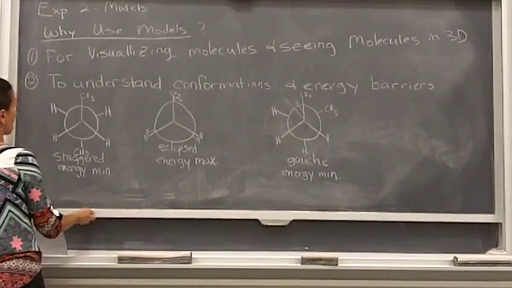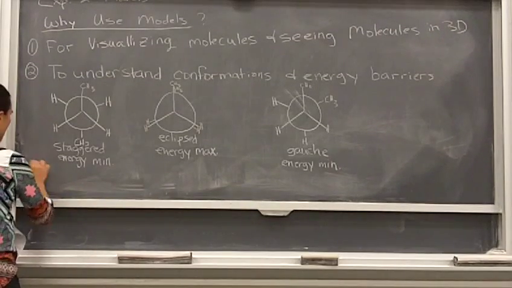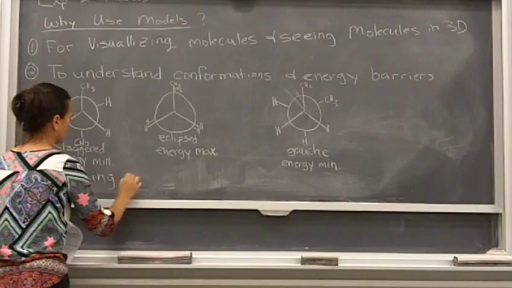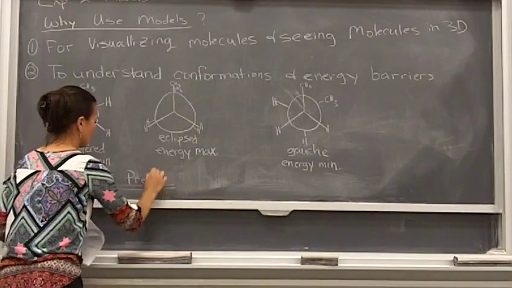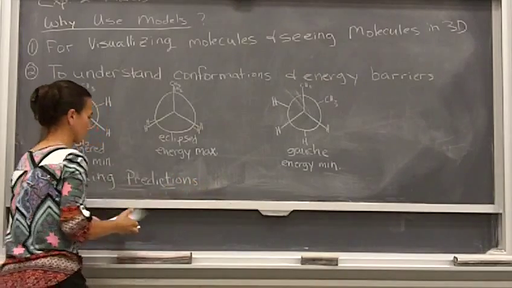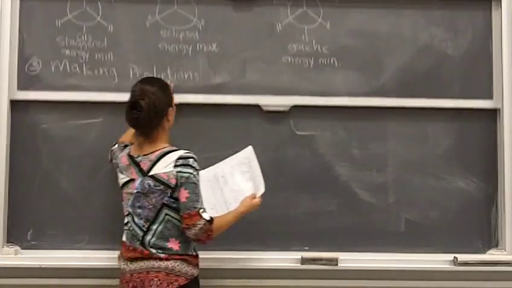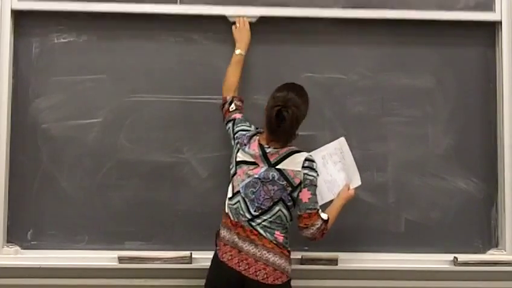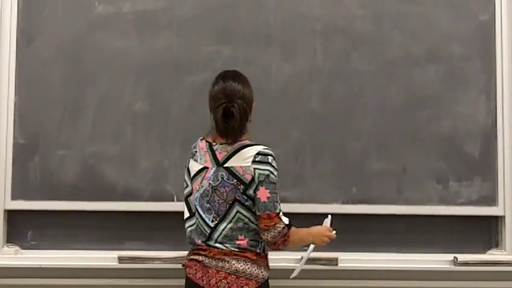Another thing we can use models for is making predictions. Depending on the type of model that you're using. So what I want to do is make a comparison. Like I said, the two types we're looking at are physical models or computer models.